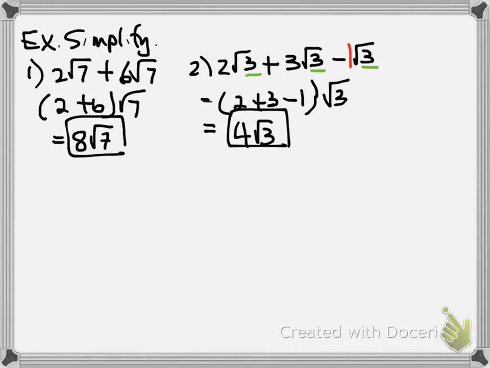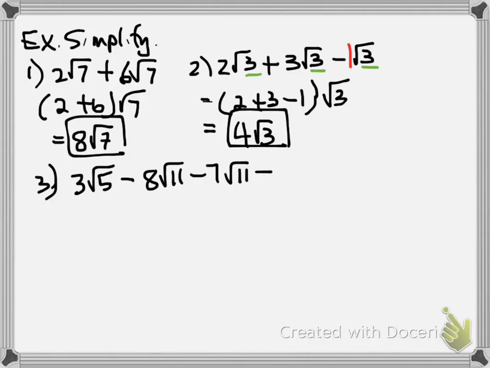Alright, let's try one more here. We've got 3 radical 5 minus 8 radical 11 minus 7 radical 11 plus radical 5. If you notice, you don't have all the same radicands, but we do have some matches.